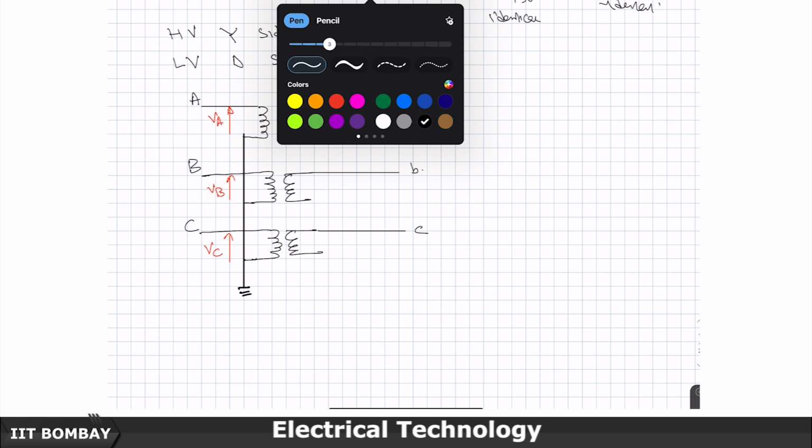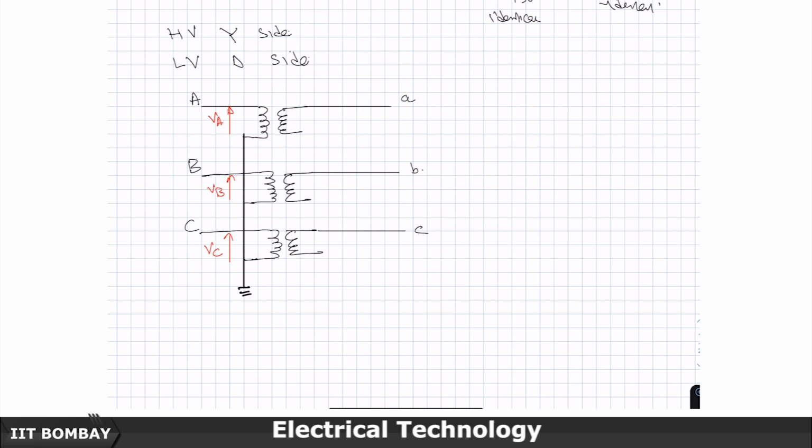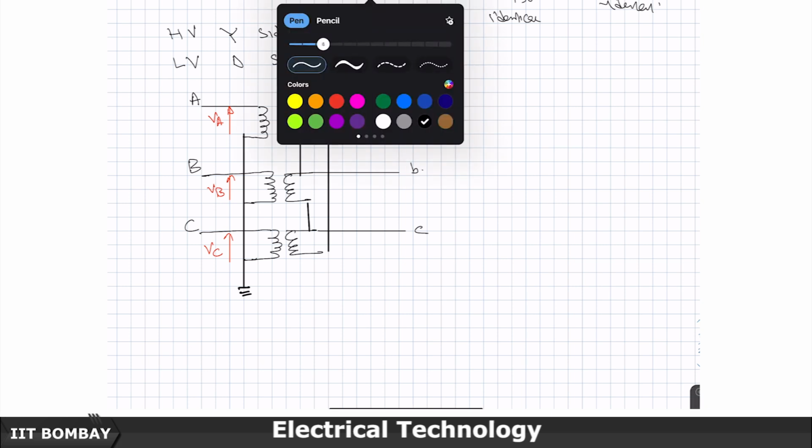The interconnection I am going to do is very simple. Let us connect a to b, b to c. We want to create a delta connection. Thick wires are used as interconnectors, and c to a.